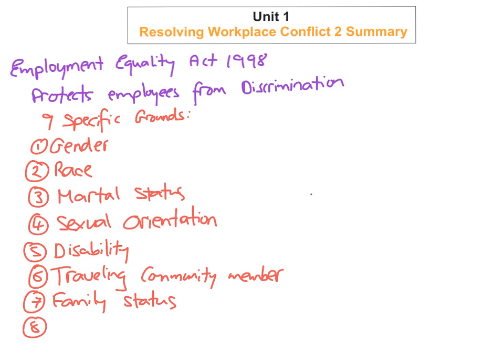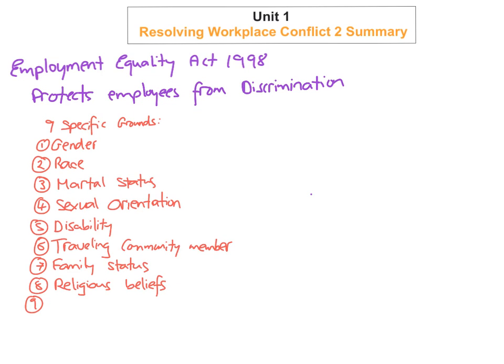The eighth one is because of their religious beliefs. And the last one, the ninth one, is age. So you can't discriminate against somebody because of their age.